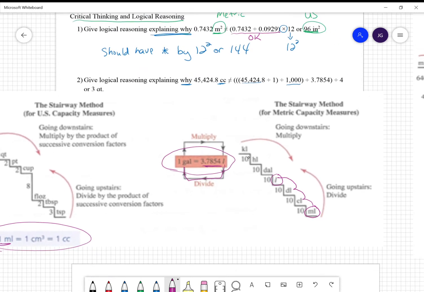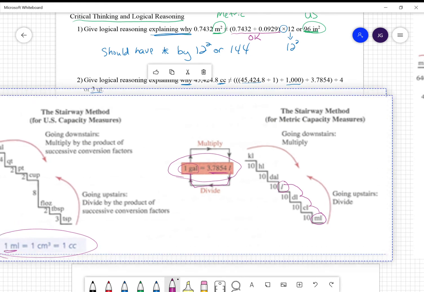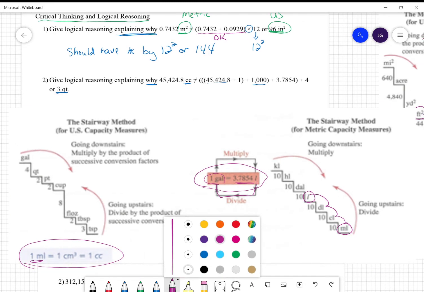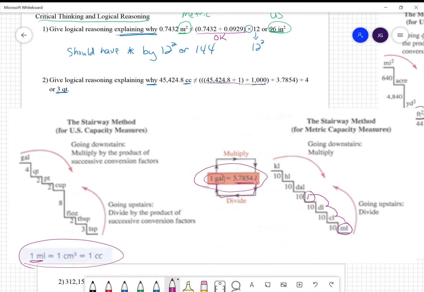Okay, so they divided by 3.7854. Now they're at gallons. So everything they've done up to this part is correct. This is correct, this is correct, this is correct. Now I'm at gallons. I want to go down to quarts. So I have to divide by 4. Oh, I'm going down. There's my error. This should be multiplication.